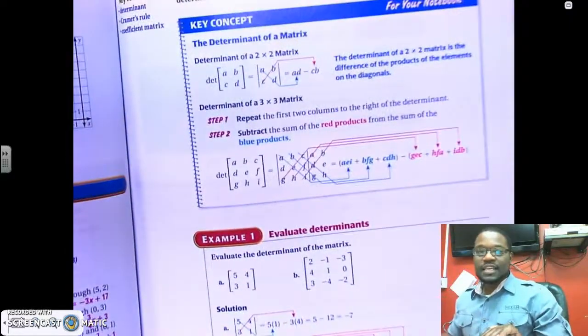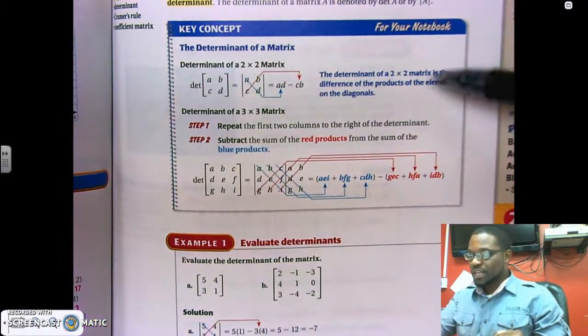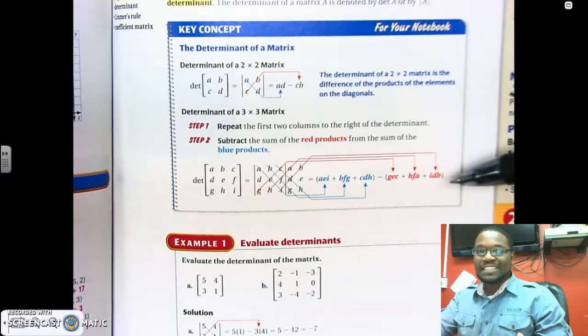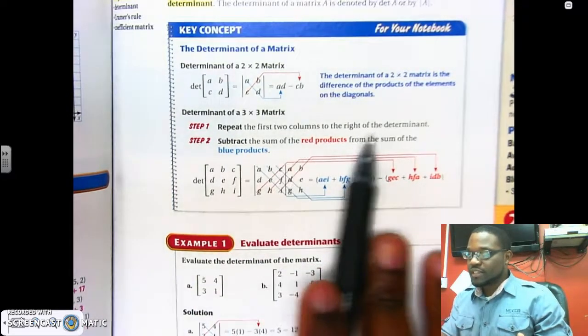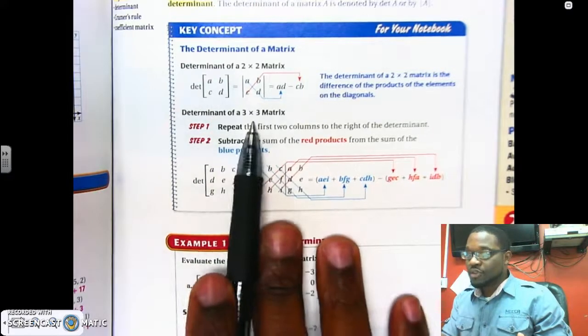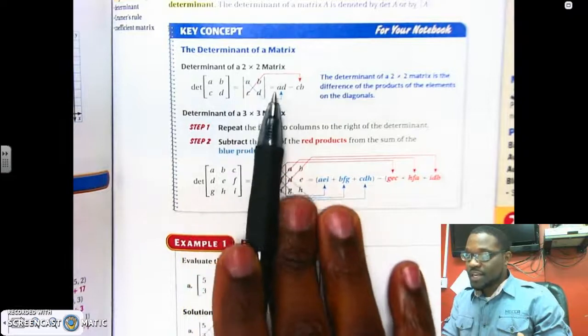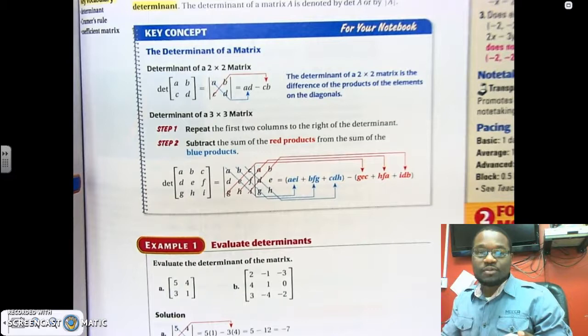The determinant, and this is something that I want you to get in your notes, this whole thing right here, so you may need to pause it. This is steps, this is important, this is for a 3 by 3 and above, and a 2 by 2 is simply right here. I'm going to show you examples on how to work this.